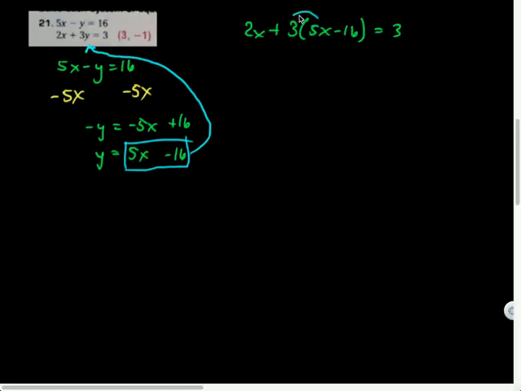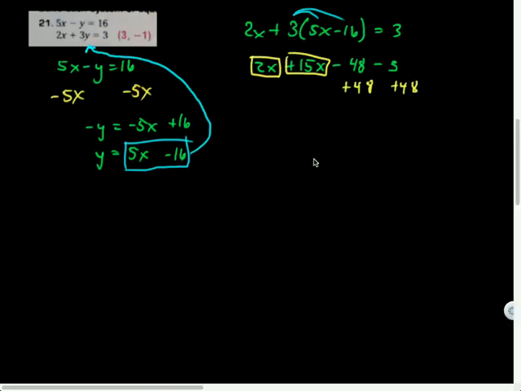So 3 times 5x, 3 times 16, right? 2x plus 15x minus 48, if I'm not mistaken. Combine some like terms, and I'm going to do a double step here, specifically because I don't feel like switching yellow already. Add 48 to both sides and combine those like terms.